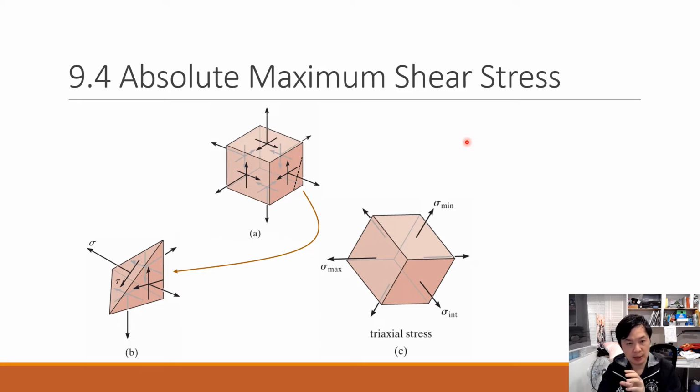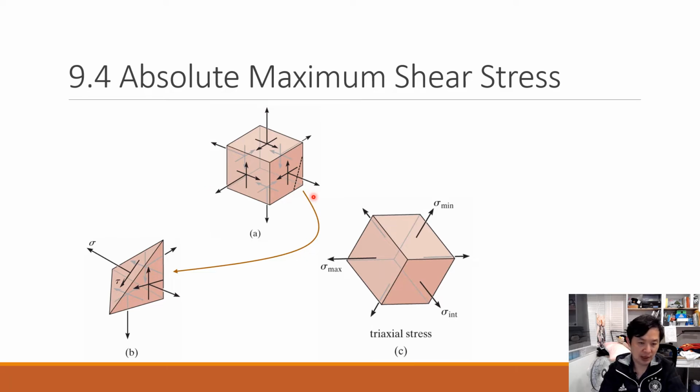In that case, we only focus on a plane stress condition, and in-plane means we only consider the XY plane and the rotation from 0 degrees up to 360 degrees. We consider the stress state of them and find the maximum shear stress among them. However, here we would like to consider a more general condition. So let's see this condition first.